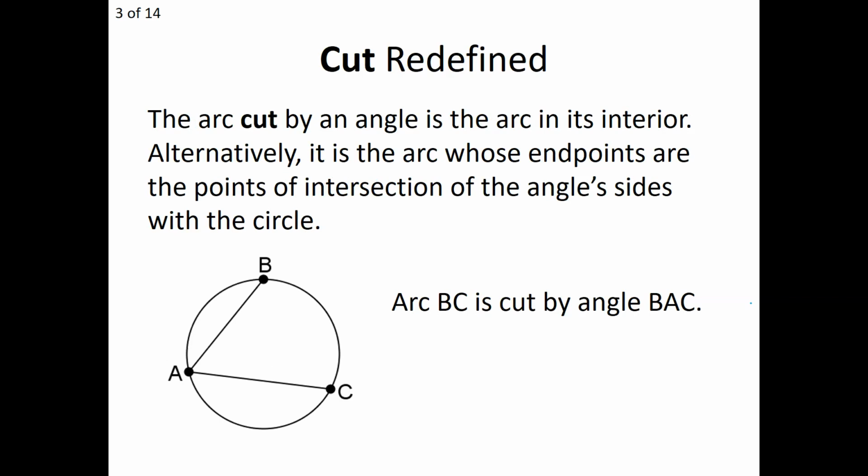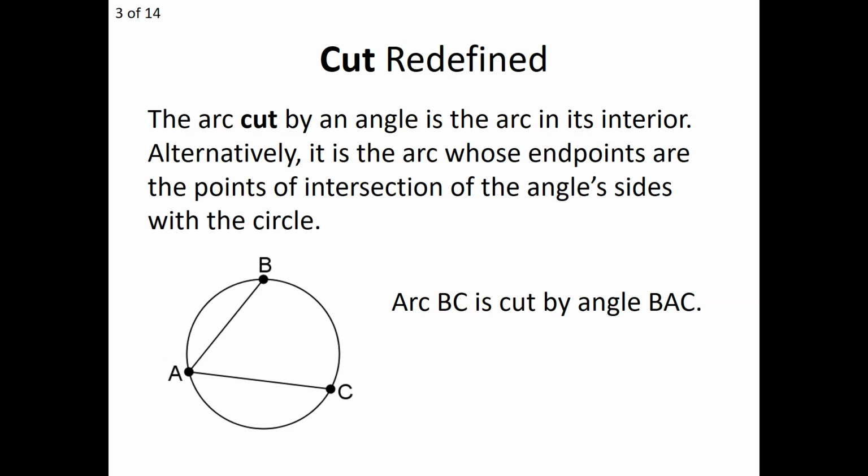Now, we are going to have to redefine the word cut, because the way we defined it first was based on the central angle. Now we have to open that up, because it also involves our inscribed angles. So when we talk about the arc cut, we're going to say that the arc cut by an angle is the arc in its interior.